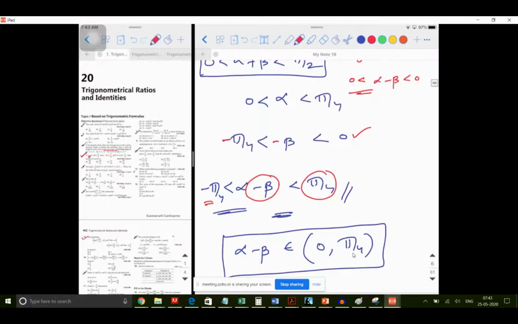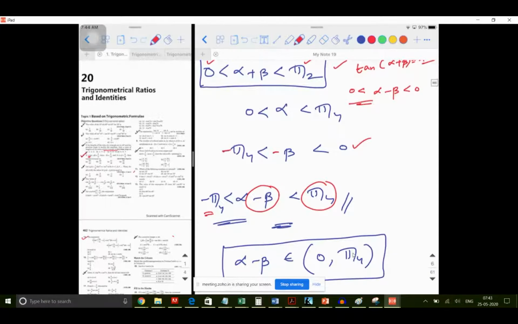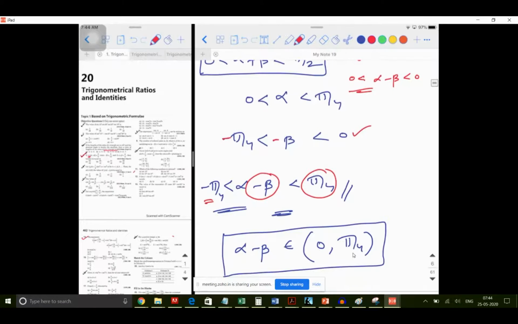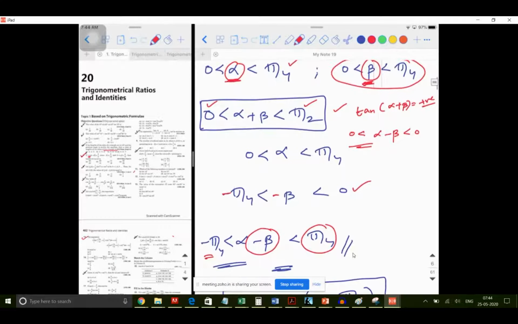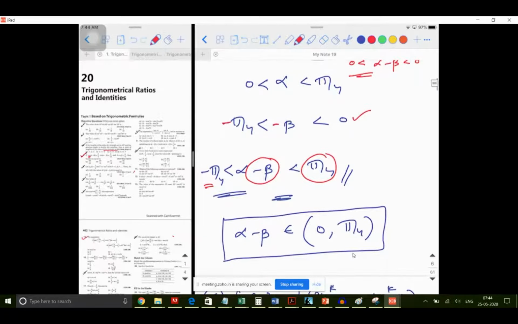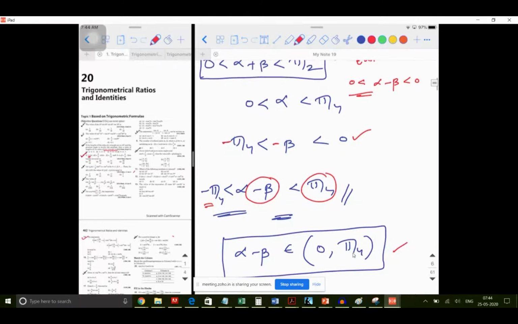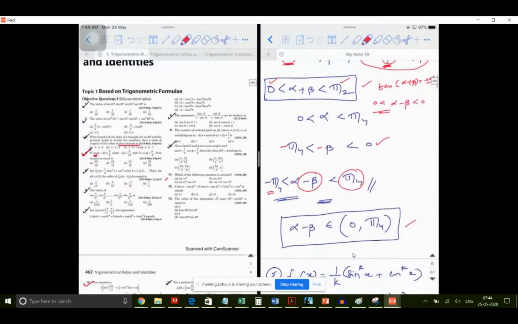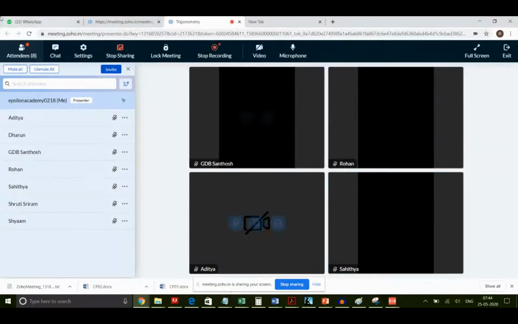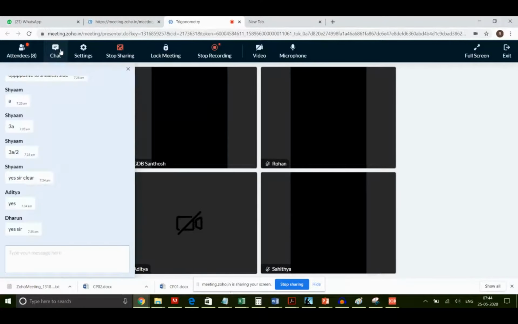So alpha minus beta is also going to belong to this particular range. Since it belongs to the same range, sin alpha minus beta is also going to be positive. Okay. Is this concept clear? Are you able to understand this point, why they have given it?